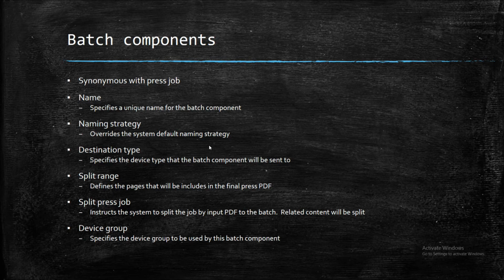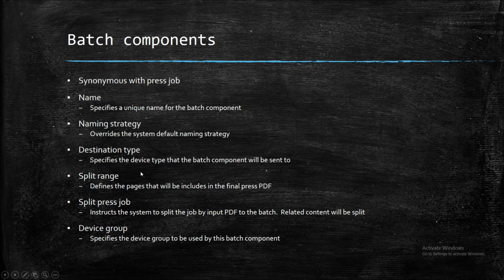So you're going to see device types available for Indigo presses, Zycon presses, Kodak presses. There's a hot folder implementation, various things like that. So if you're curious about what other device types may exist, definitely contact our support and we can work with you on what we have.